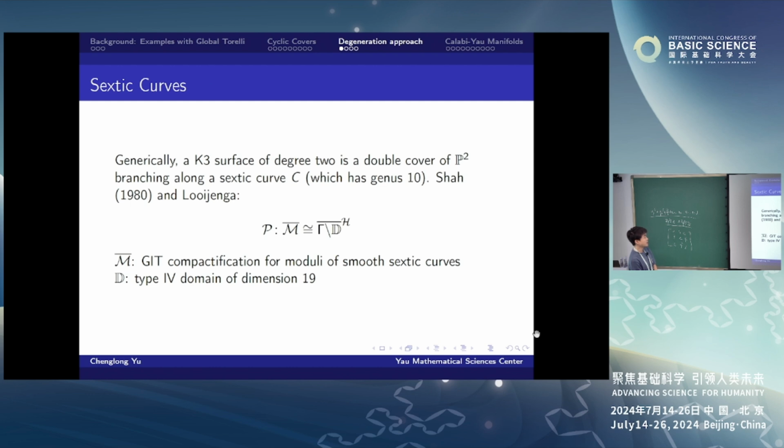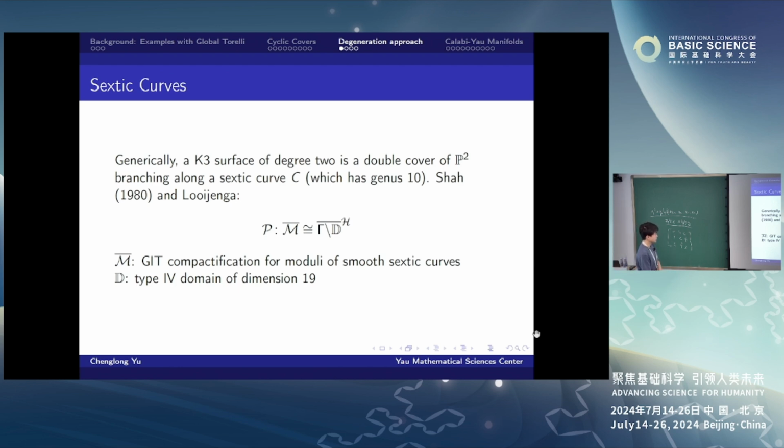And later, Looijenga generalized the birational construction of Shah to construct this Looijenga compactification. Looijenga's work comes later than Shah's, and using Looijenga's machinery, you can also prove that there is an explicit birational transformation giving you the isomorphism from the moduli space of sextic curves to this 19-dimensional moduli space of K3 surfaces.